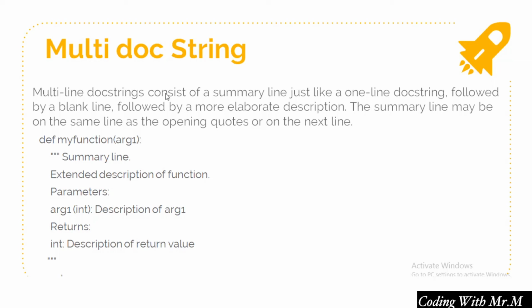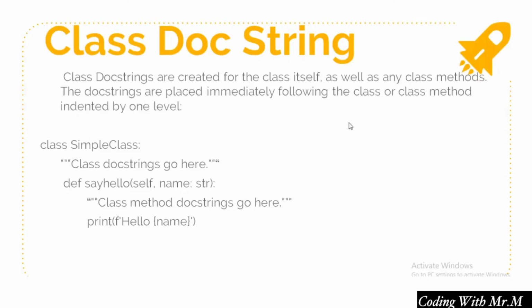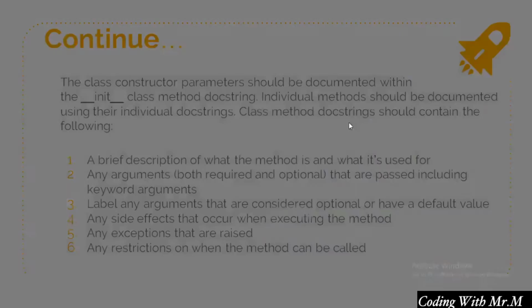A multi-line docstring consists of a summary line just like a one-line docstring, followed by a blank line, followed by a more elaborate description. The summary line may be on the same line as the opening quotes or on the next line. So just keep in mind these three lines, and then convert the single-line docstring to a multi-line docstring. So this is what I want to teach you for this tutorial.